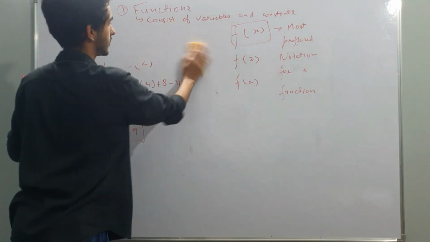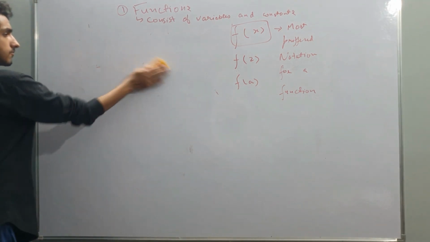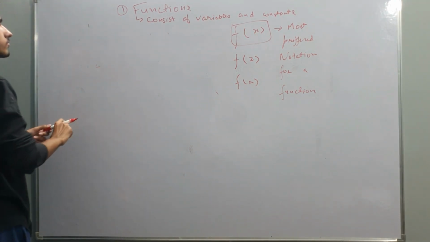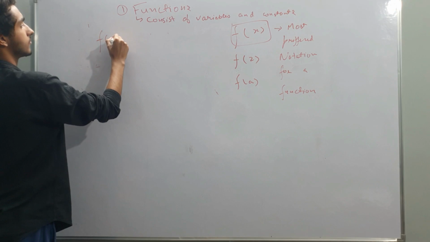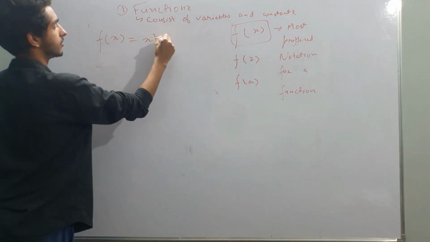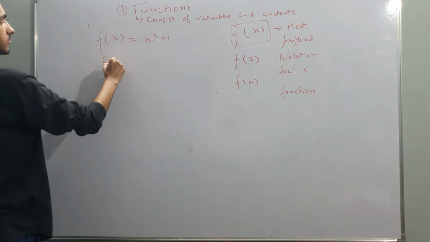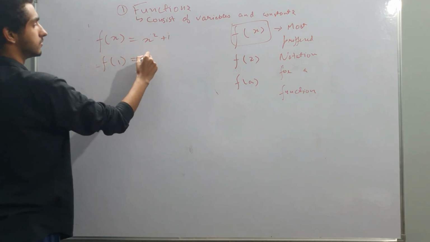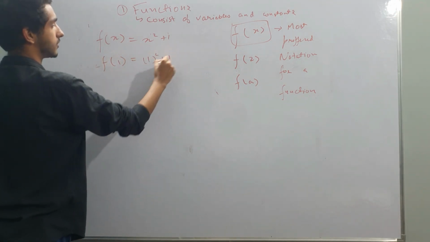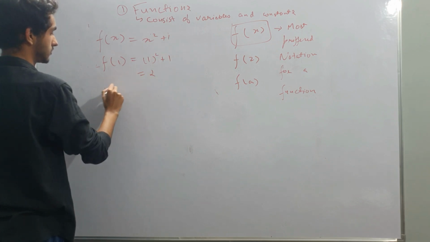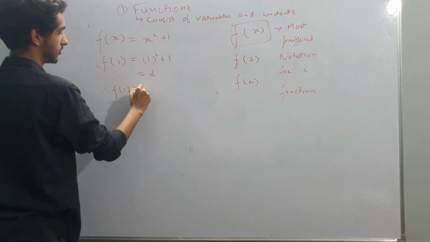So let's say we take another function x squared plus 1. So we can replace the value of x, function of 1, which would be 1 square plus 1. Therefore function at 1 is equal to 2.